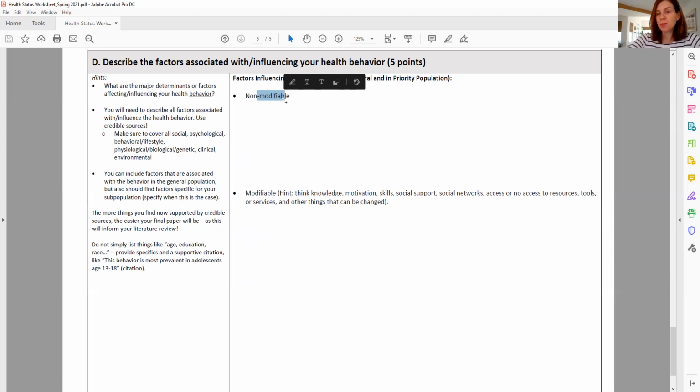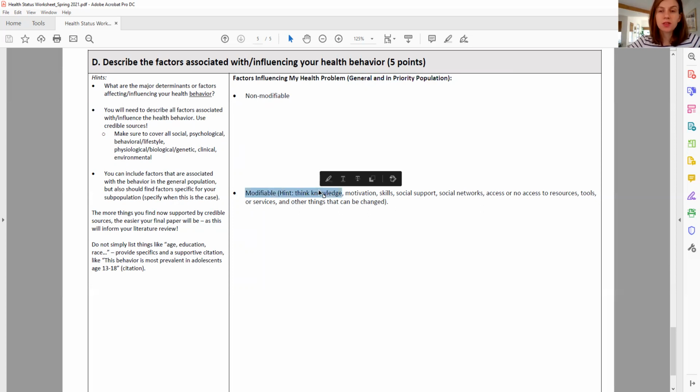So I would personally put SES or poverty in non-modifiable. Genetics, actually a lot of these diseases have genetic factors. So family history, genetics, those are all non-modifiable, but they should be tailored to your health problem. They can be general, but if you have some that are specific to your priority population, you can make note of that.